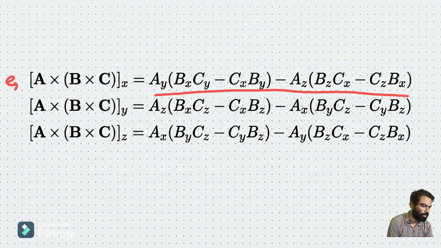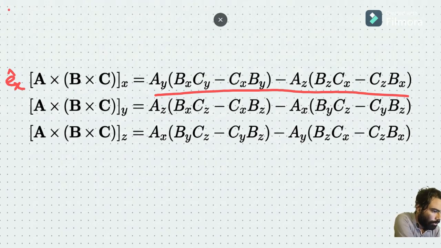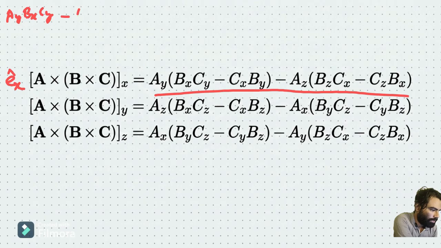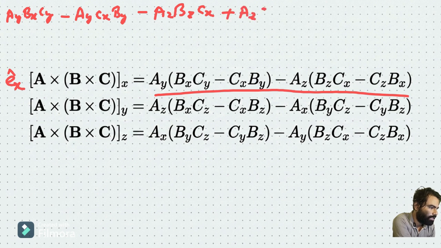We are not talking about the entire expression, we are only handling a single component, that is the EX component. So it is AY BX CY minus AY CX BY minus AZ BZ CX plus AZ CZ BX.